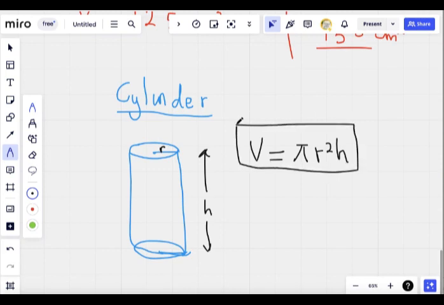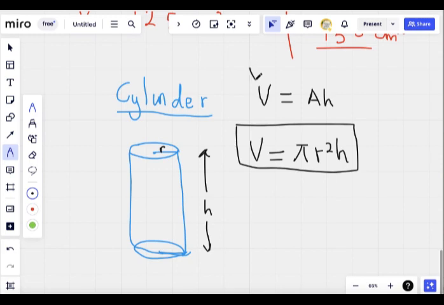Okay, the reason is that volume is area times height. Volume V is always area times height. Or V is length times width times height.